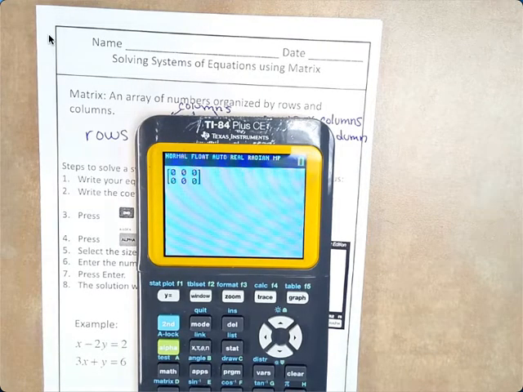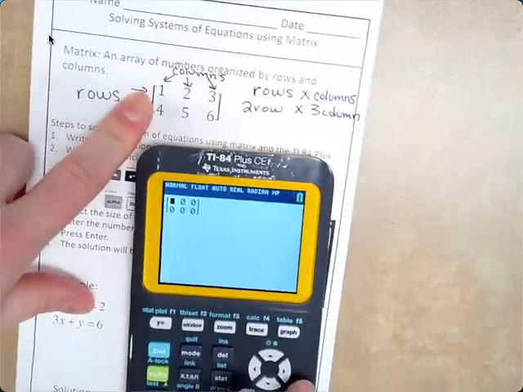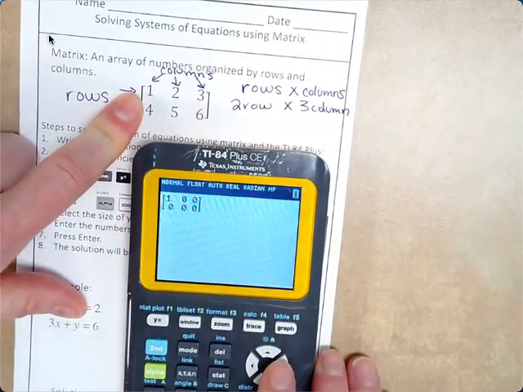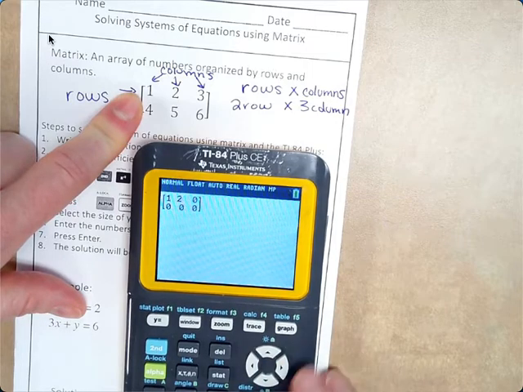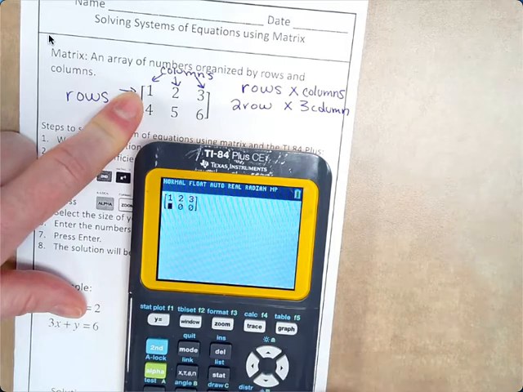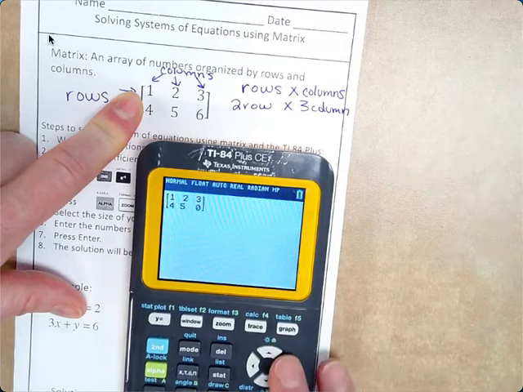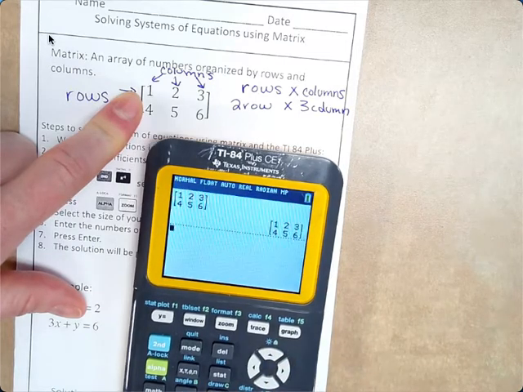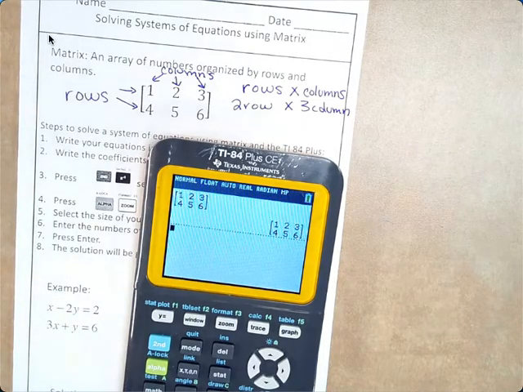So it gives us a template for a matrix. So we are just going to put this matrix in. 1, and then arrow over, 2, arrow over, 3, arrow over, 4, 5, and 6. So it's just a matrix. It's just a way of formatting rows and columns.